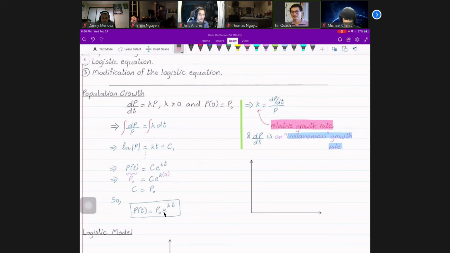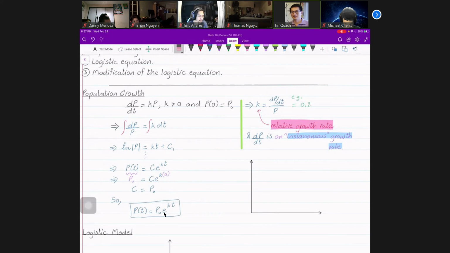Let's say k is 0.2. Remember, k is constant, so it doesn't matter what the population size is. At a particular population size, dp dt is going to be some number, and when you divide the two out, you get 0.2. At a different population size, you have a different derivative value, but when you divide them out, you always get 0.2 because k is defined as a constant.